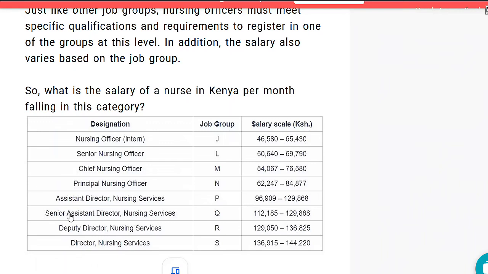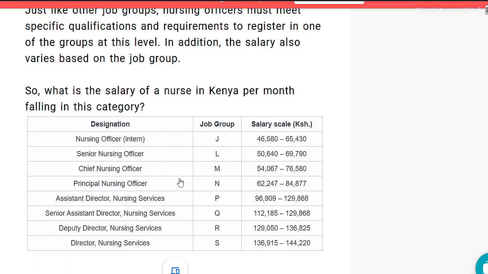Senior assistant director nursing services, group Q, 112,000 to 129,000. Deputy director nursing services, group R, 129,000 to 136,000. And lastly, director nursing services, group S, 138,000 to 144,000 Kenya shillings. If you check with the SRC, you will get the accurate information.